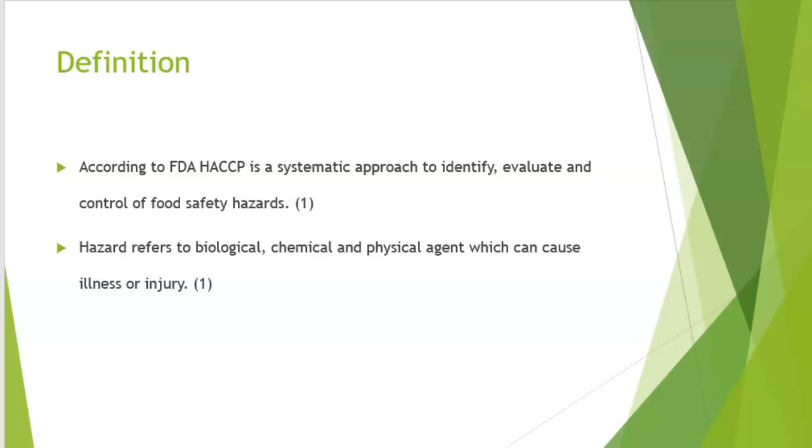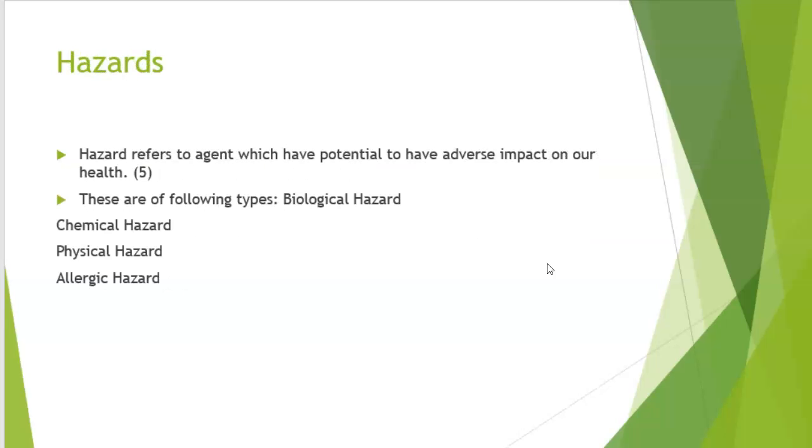So to avoid food getting contaminated, we have a plan. These are the following types of hazards: biological, chemical, and physical hazards, and allergens too.